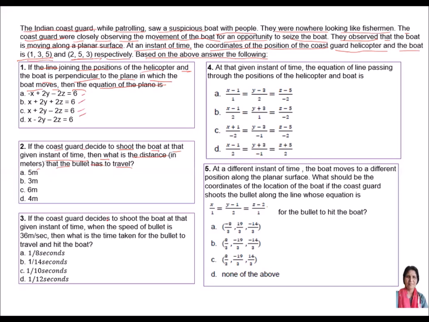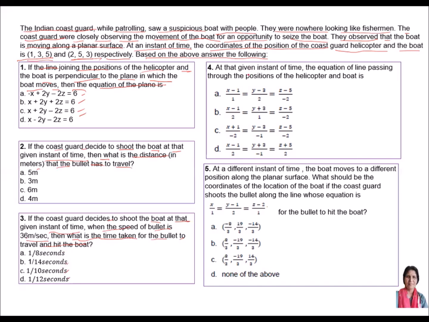Third: if the Coast Guard decides to shoot the boat at the given instant of time, when the speed of the bullet is 36 meters per second, what is the time taken for the bullet to travel and hit the boat? So the distance you find in question number 2; if speed is 36 meters per second, what will be the time? Options: 1 by 8, 1 by 14, 1 by 10, 1 by 12.